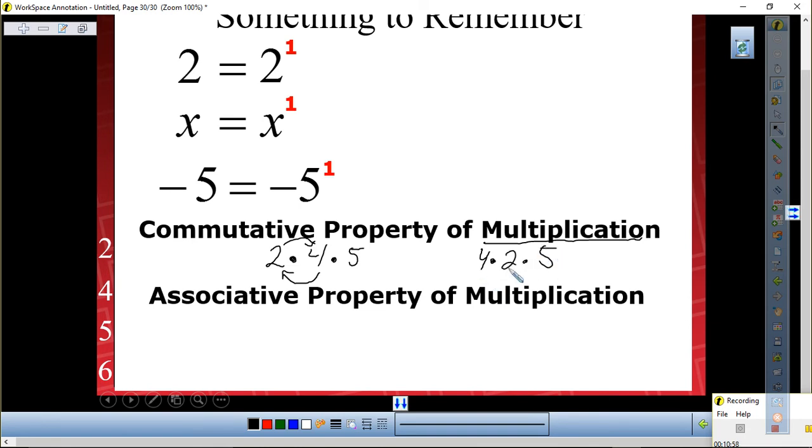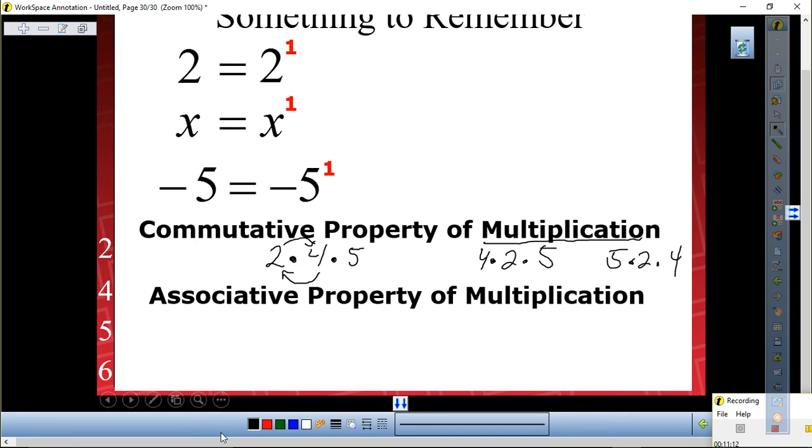Let's see. What is 4 times 2 times 5? It's still the same product. That's all it says. Now, can I move the 5 and the 4? Yeah. I can do like 5 times 2 times 4. What is 5 times 2? 10 times 4. It's still 40. So that's what the commutative property of multiplication says. As long as there's multiplication throughout, you can move stuff around and the product will remain the same.